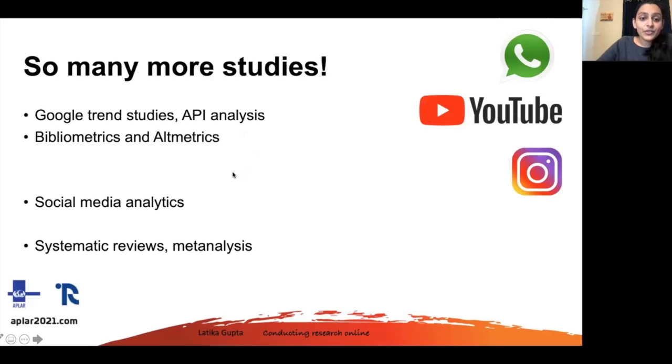Further, there are bibliometrics and altmetrics where the online attention and citations can be analyzed and the factors determining those. And in social media analytics, various databases are full of studies where people have looked at behavioral sciences using WhatsApp analytics, YouTube analysis for identifying misinformation on a particular topic, very important topics like immunization, the misinformation on the internet, and it's very important to curb them.